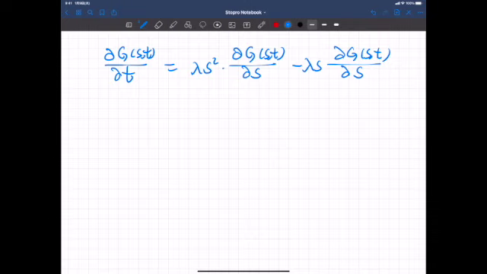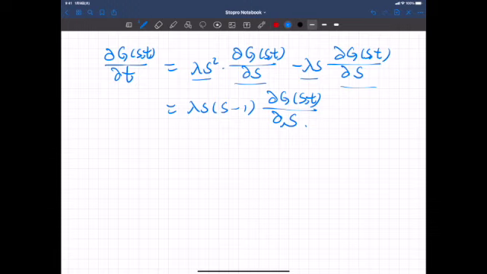So let's factorize this, and we have lambda s times s minus 1 and the derivative of g with respect to s.